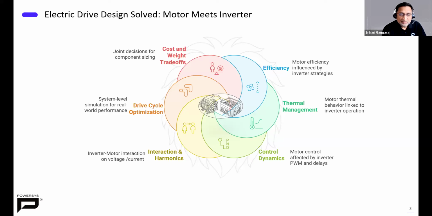Real world performance optimization like WLTP or FTP requires simulating how the motor and the inverter respond dynamically together. So all these reasons, when you put them together, you'll see a small cartoon like the face of a lion, or a Simba, and that's where the word SIMBA is coming from.